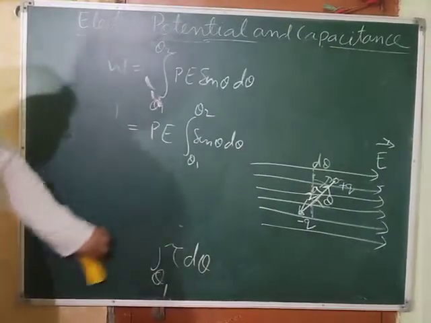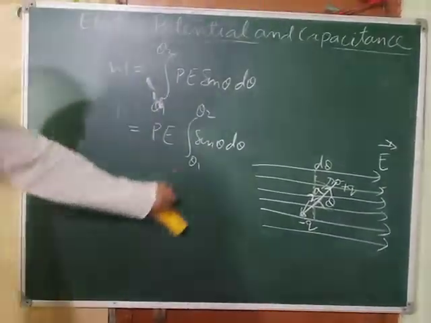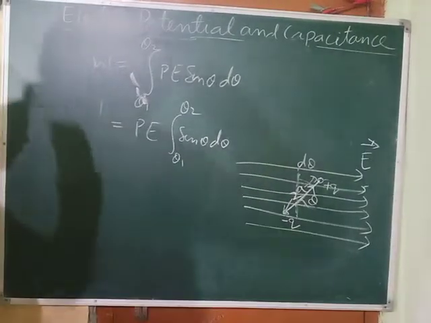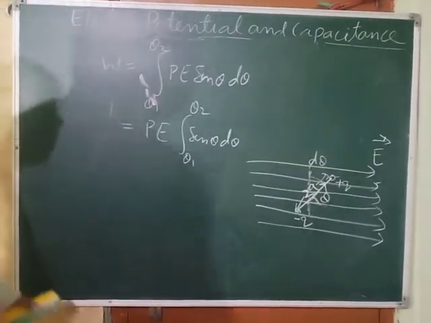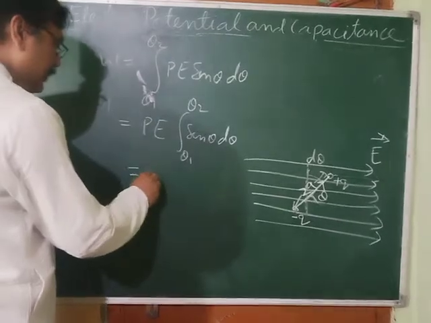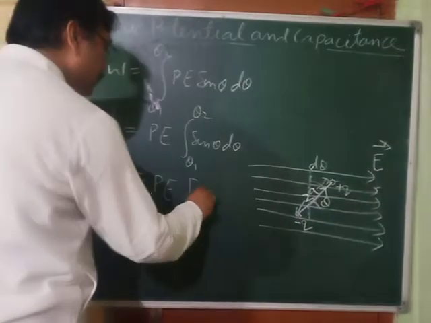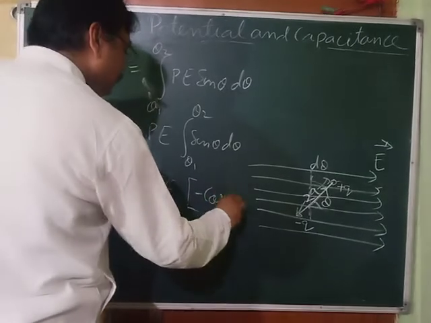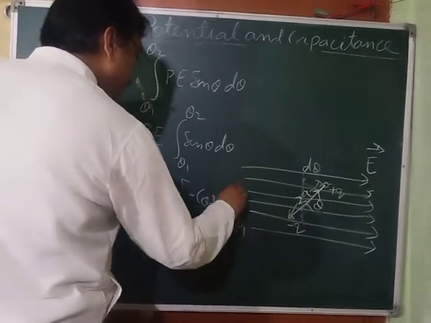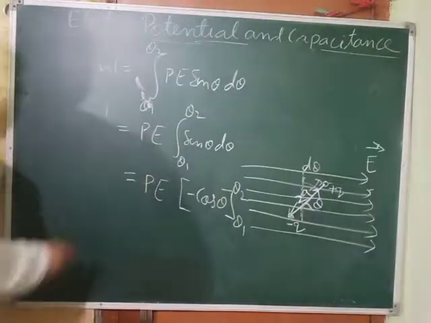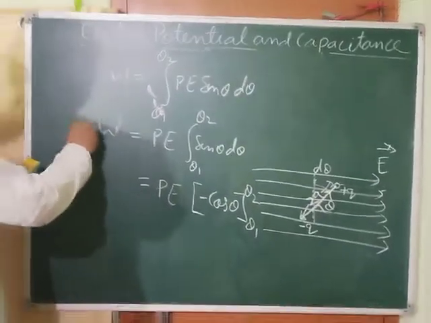Now we can integrate this. What is the integration of sin theta? Yes, it is minus cos theta. So we get minus PE cos theta, with limits theta 1 and theta 2. This is the work done.